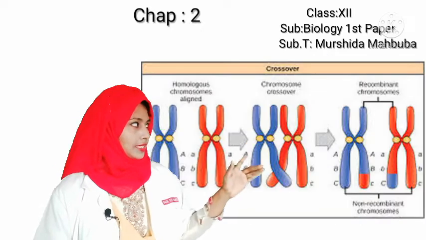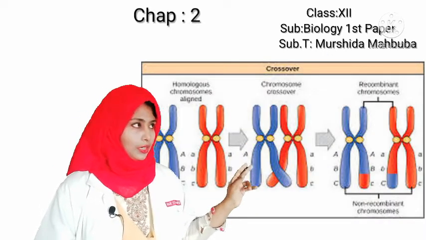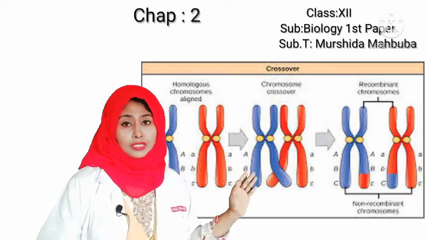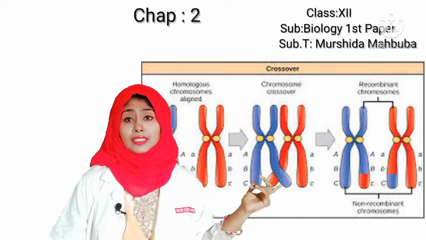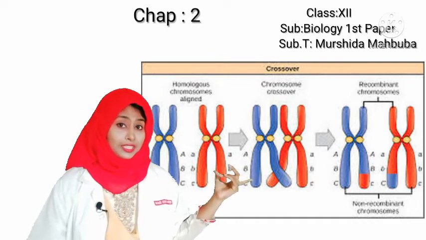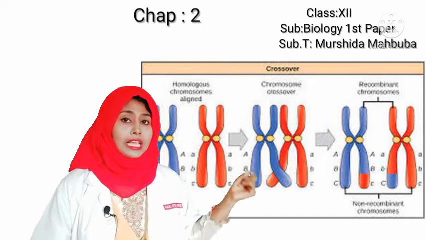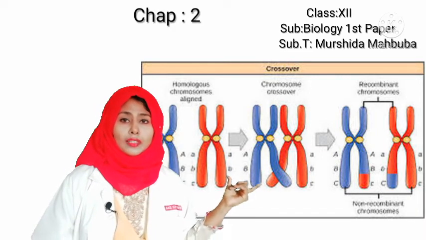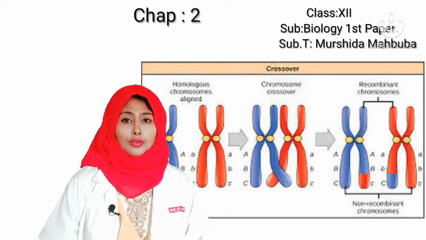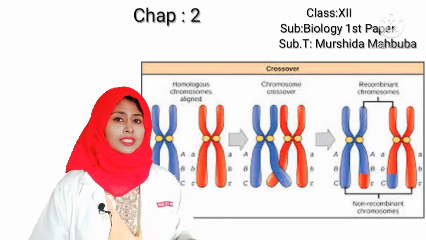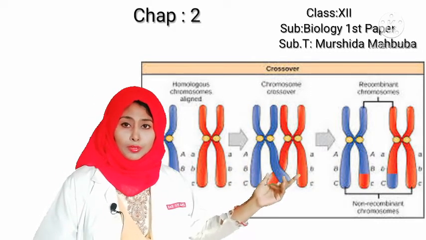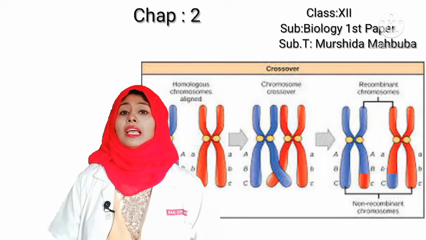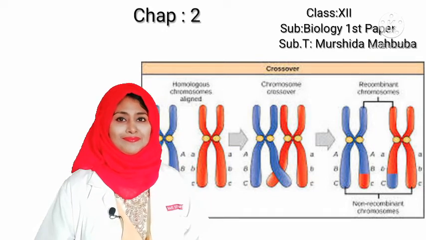My dear students, in this picture, this is the homologous chromosome with genes being represented by different letters of the alphabet. The genes on one chromosome are shown using capital letters and those on the homologous pair using small letters.